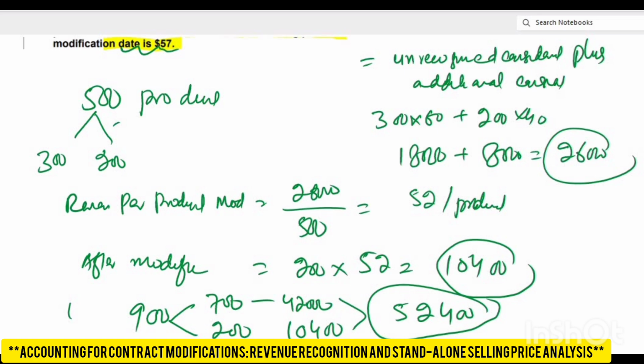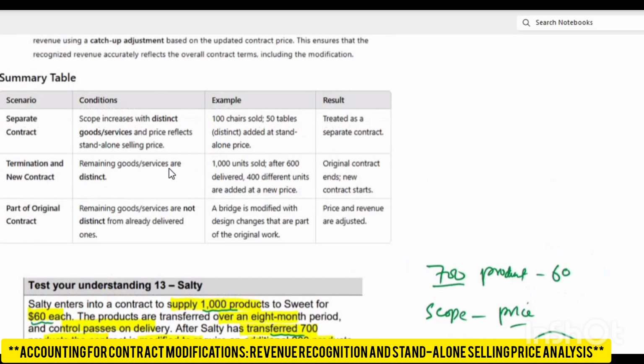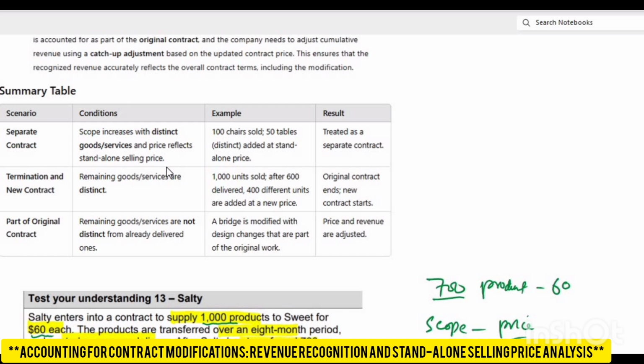And a key characteristic of the standalone selling price is that it is a market-based price, which means that it reflects the fair value of the goods or services observed independently in the market. And then observable data, when possible, it is derived from the actual price data of a similar transaction, estimated if not directly observable.